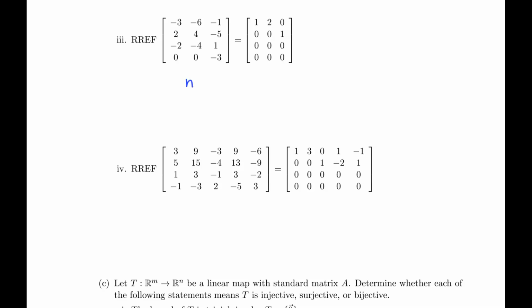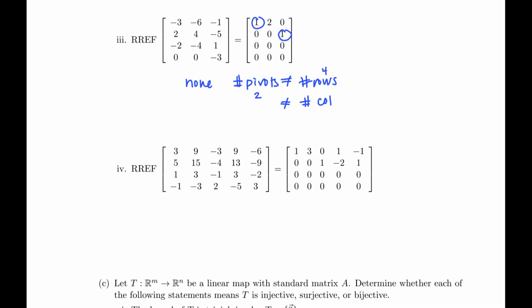So in this case, none, and we could write the number of pivots does not equal the number of rows. It also does not equal the number of columns. In this case, our rows and columns are different, but we still only have 2 pivots to our 4 rows.